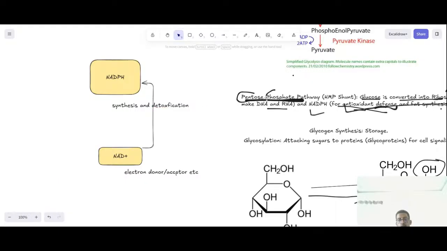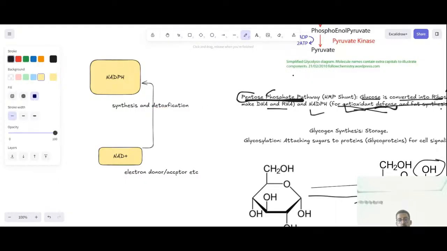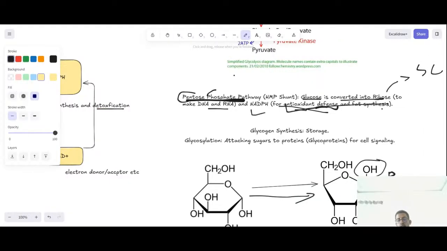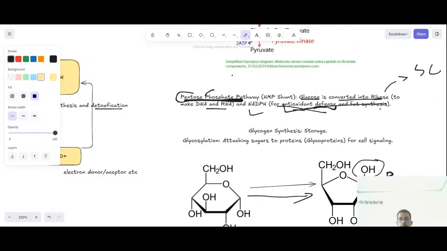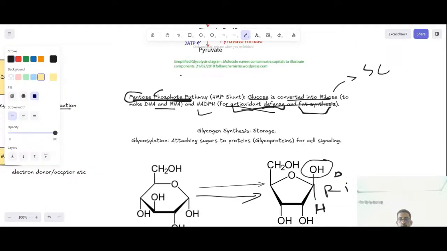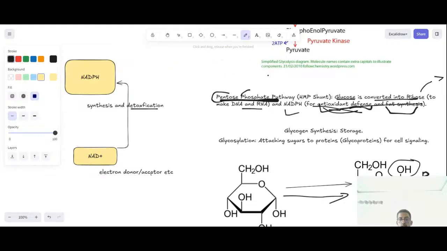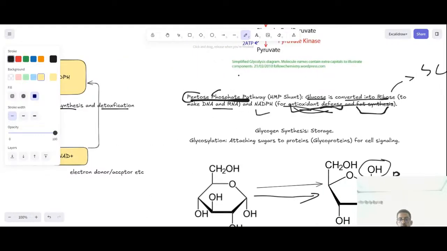So antioxidant defense, free radicals defense, so there is an enzyme called... okay, fat synthesis, antioxidant defense. Okay, synthesis. So NADPH is very essential.